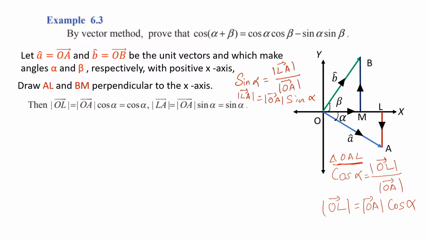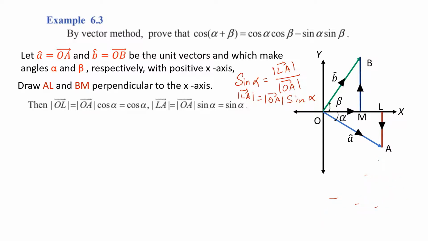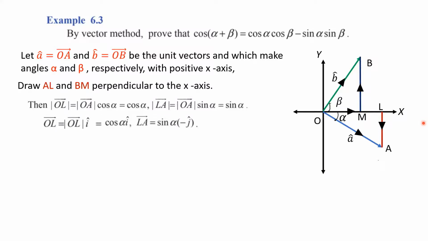Okay, so now we know how we got these two values. Due to lack of space, I am erasing this so it's easy for me to explain the next steps further as we go down. All right, now let's take the vector OL and call it the magnitude of OL into i cap.